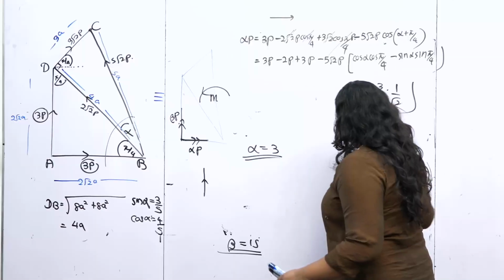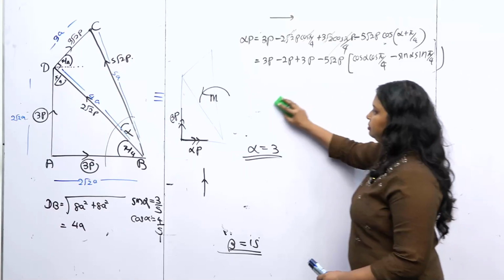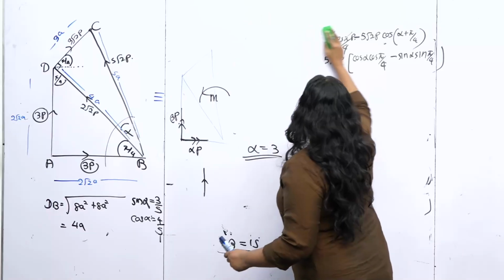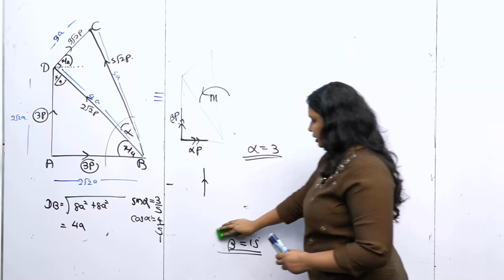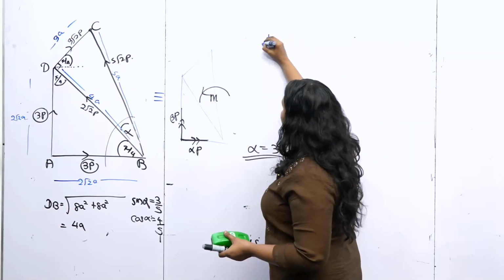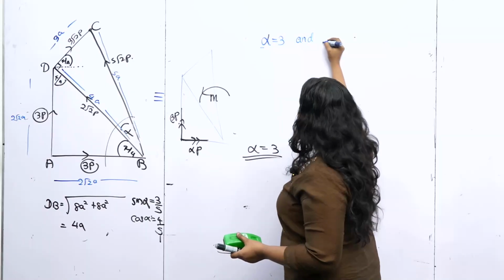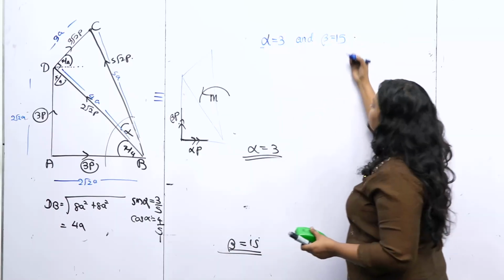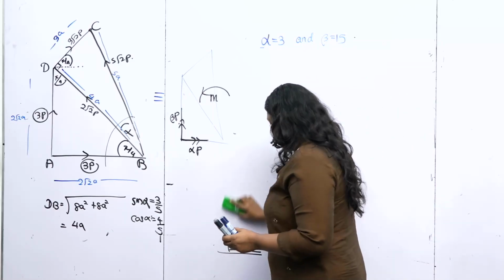We need that one to continue the sum, so I will erase these simplifications. Right, let's write down what we found. We found that alpha equals to 3 and beta equals to 15. Clear? Alpha equals to 3 and beta equals to 15.